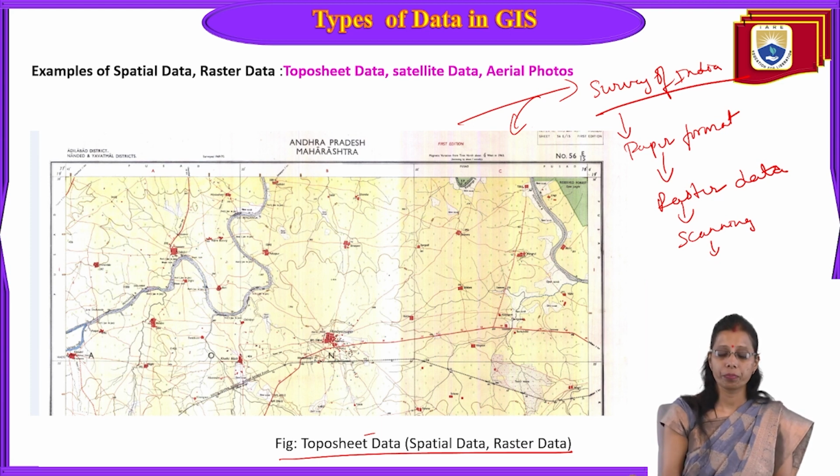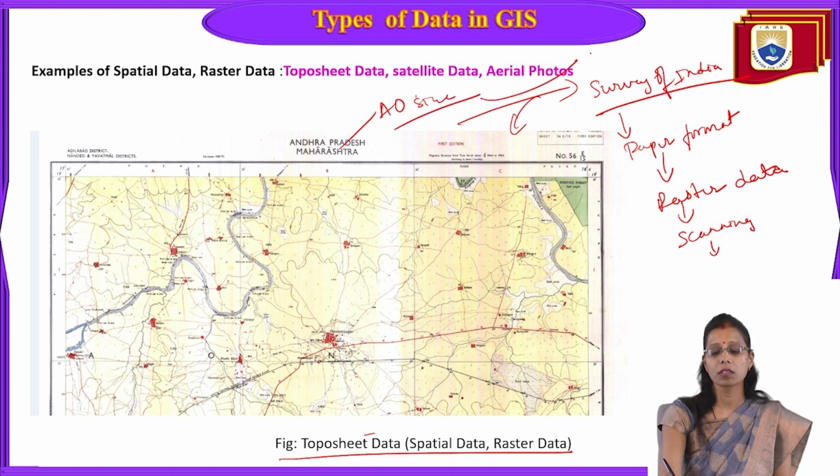We bring this toposheet, which is always in A0 size. We have big scanners that help us convert this A0 size map to raster. We just put it in the scanner and scan with a high resolution.